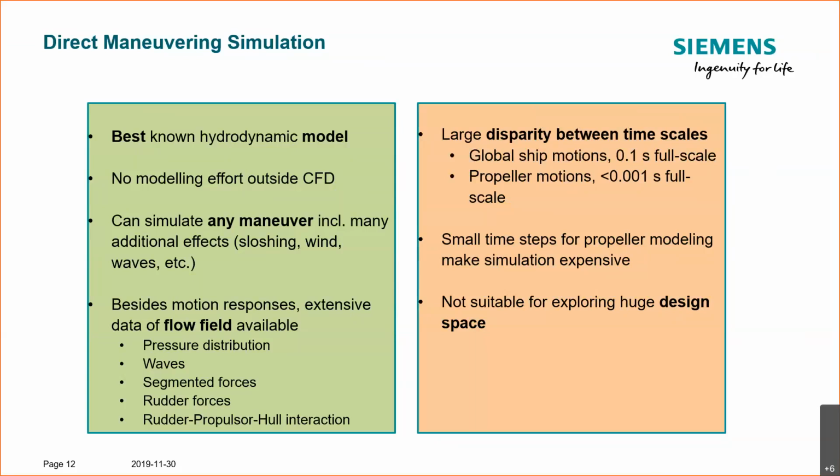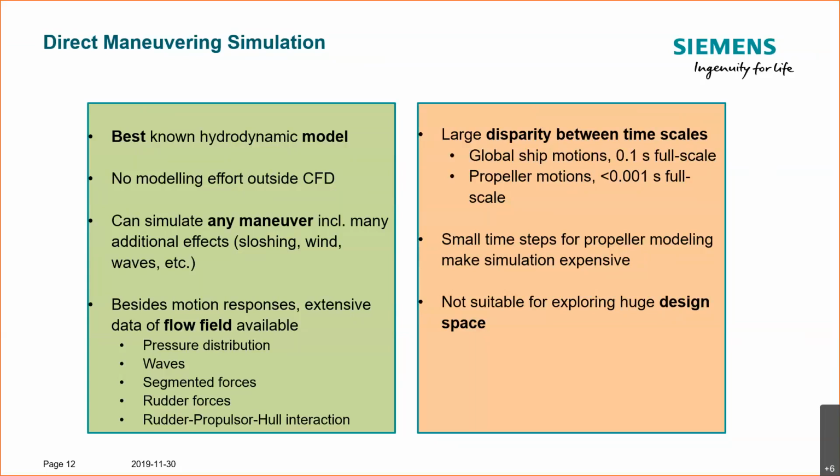The disadvantage of this method is basically cost, and there are 3 sub-items that arise from this general cost disadvantage. So for maneuvering, there's a large disparity between different time scales. Let's take the example of full-scale investigations. Usually we are well equipped with a time step of 0.1 seconds to resolve global ship motions in maneuvering.